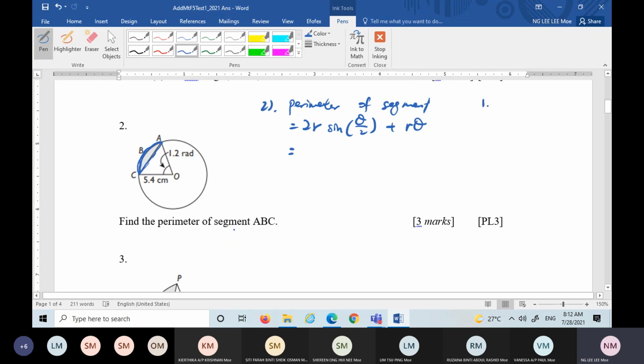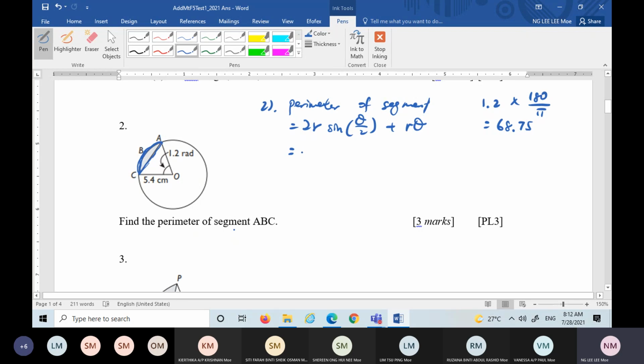So I make the conversion here. Radian change to degree: times 180 divided by pi. Whatever pi you want to use is okay. You can use the pi in the calculator, 3.142, or 22 over 7. For this question, they didn't mention which pi you need to use.